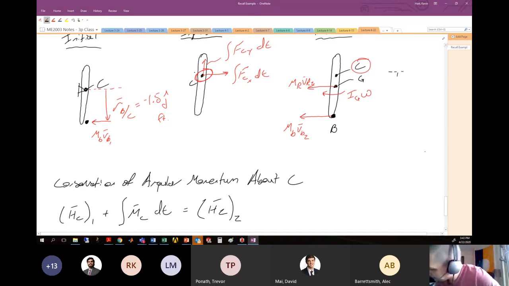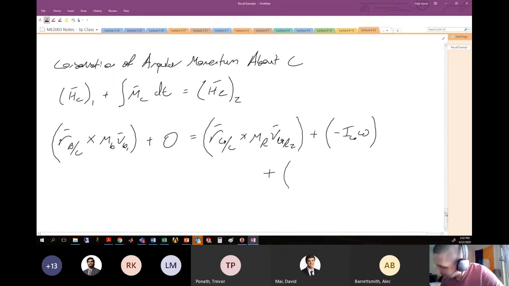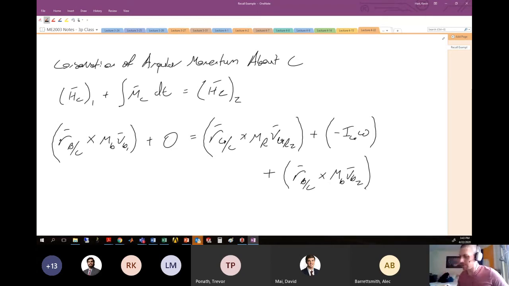So here this is R arriving at B from C. I will need R arriving at B from C crossed with the mass of the bullet, the velocity of the bullet, state number 2. There we are. That's our conservation of angular momentum expression. Nothing to it, right?